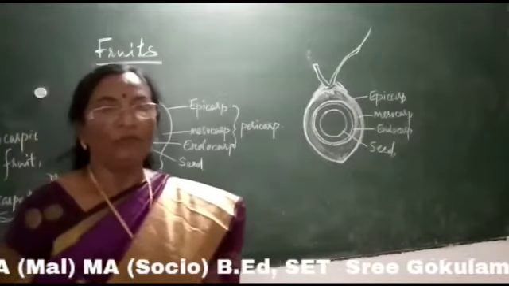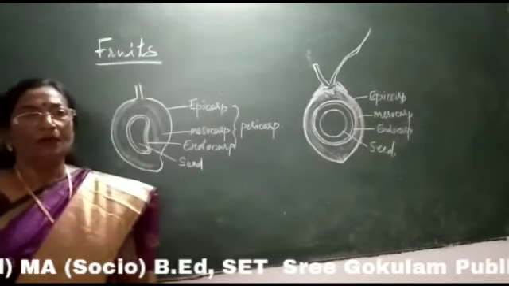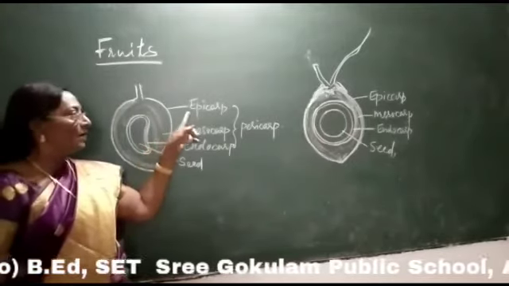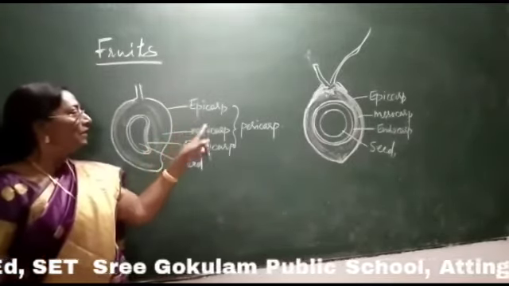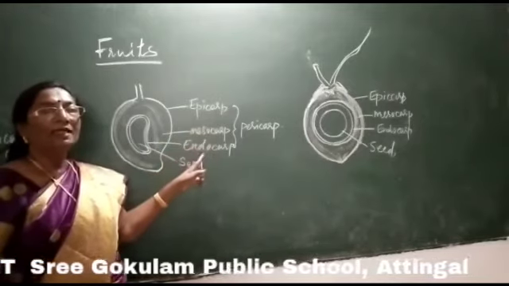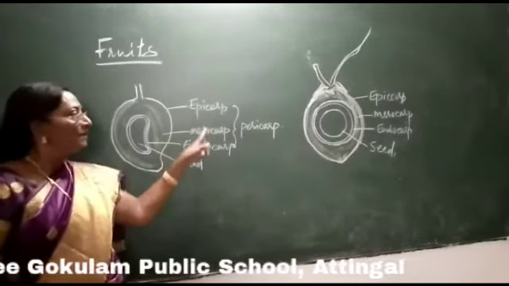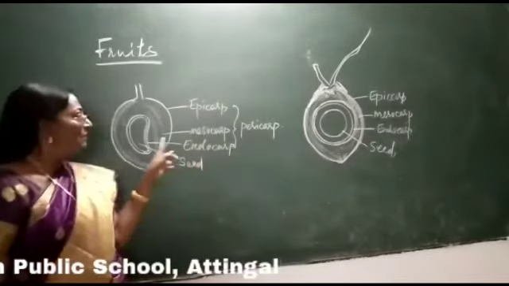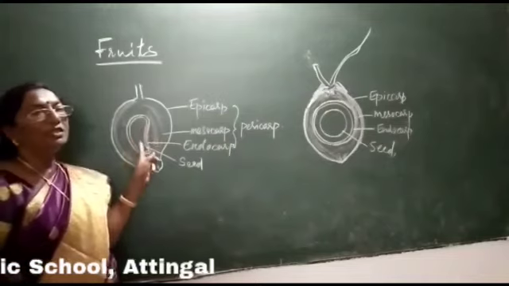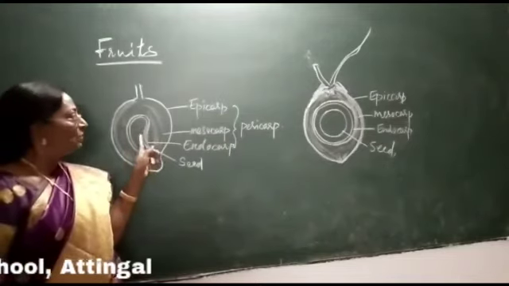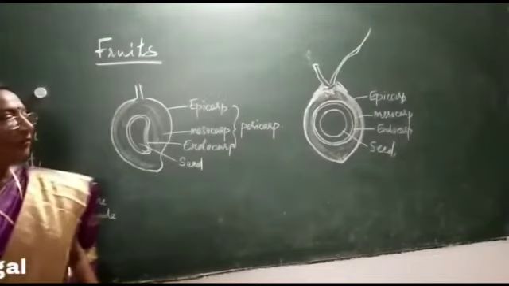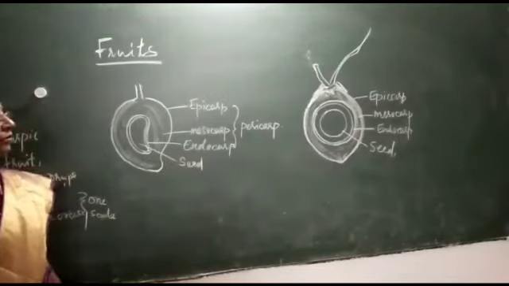In the case of fruits with fleshy pericarp, we can see there are three different regions or parts, namely epicarp, mesocarp and endocarp. These three parts together are known by the name pericarp, within which the seed is enclosed. In the case of mango and coconut, we can see this type of fruit.